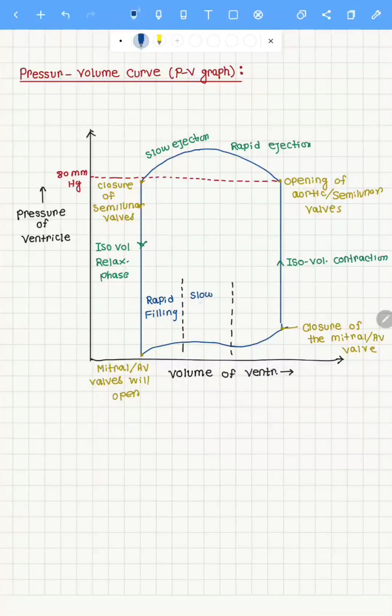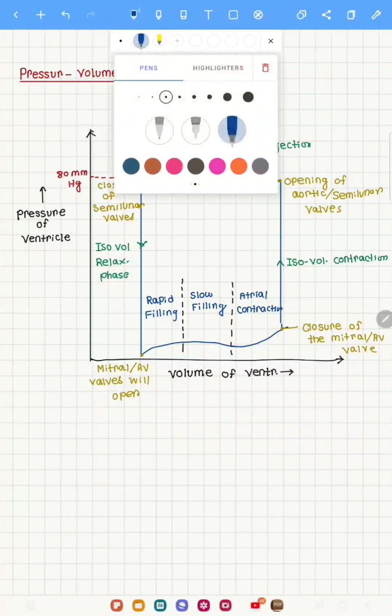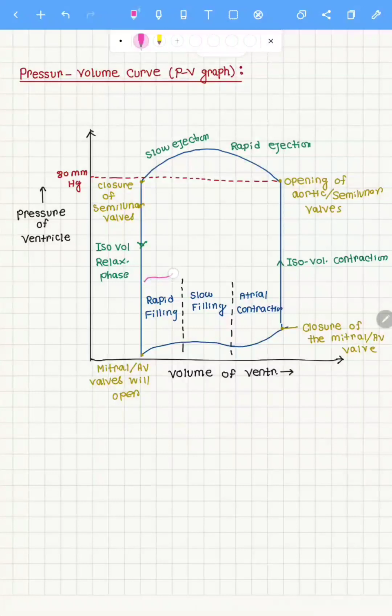Slow filling, and it is followed by atrial contraction. The first 2 phases are called passive filling, and the next phase is called active filling.